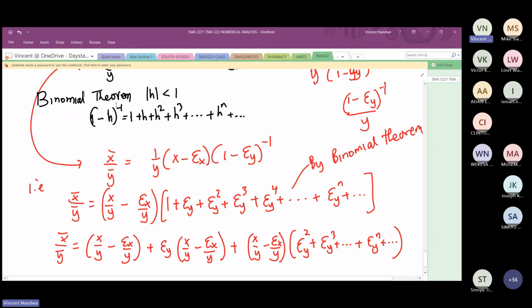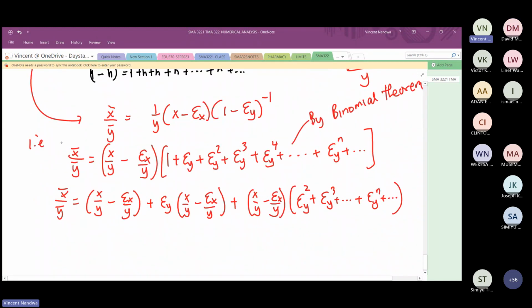Do you see how we are moving from this step to this step? Good. So now, from this step to the last step, what we are sure is that all this part is going to be 0 to first order approximation.